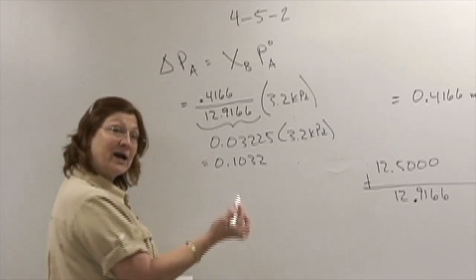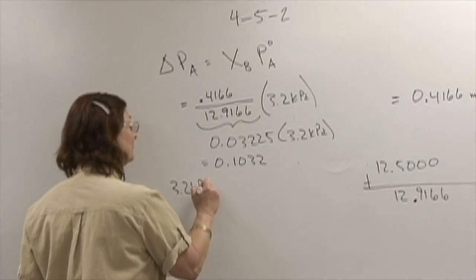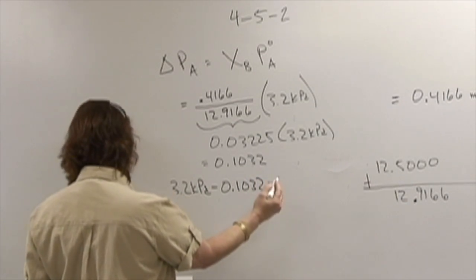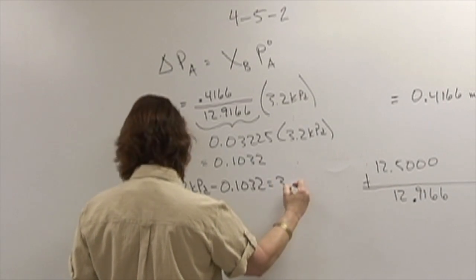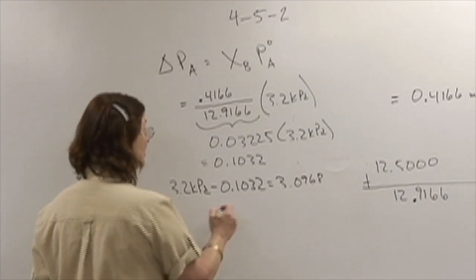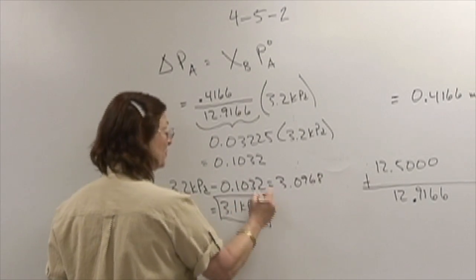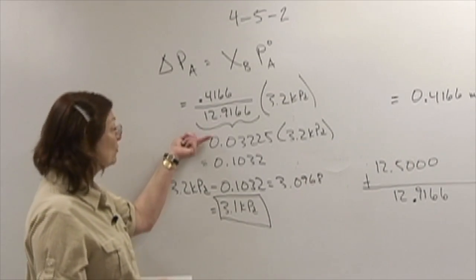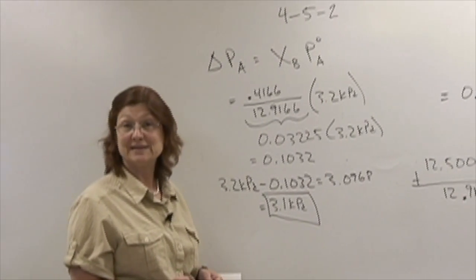So to get my final vapor pressure of the solution, I'm going to take my 3.2 kPa and subtract my change, and I get a new vapor pressure of 3.0968, and I want 2 significant digits in my answer, and therefore I get 3.1 kPa as my new vapor pressure of the solution. And you'll need to be able to get the mole fraction of the solute and the solvent on this multiple choice assessment.